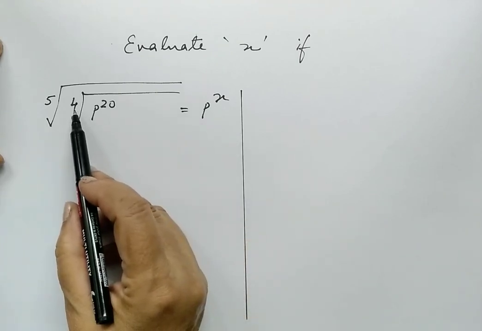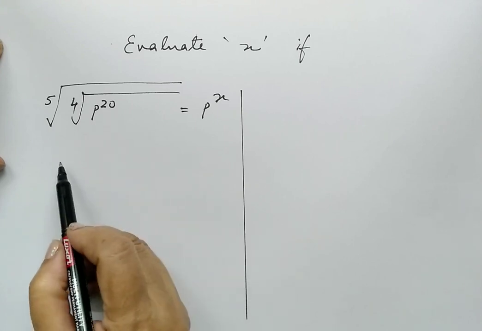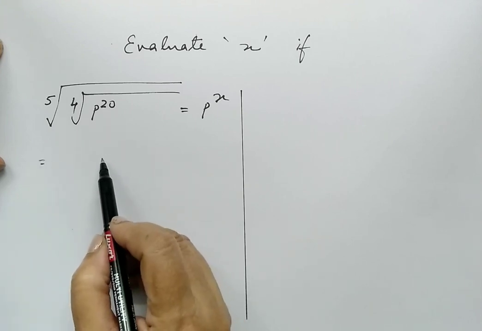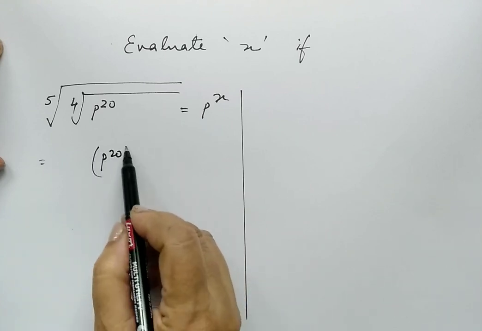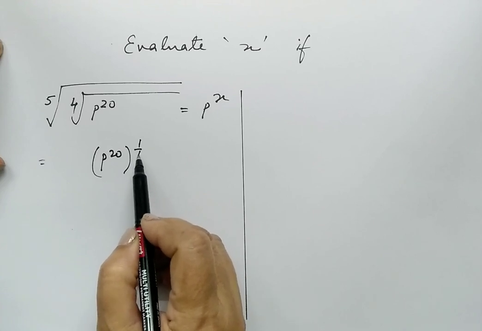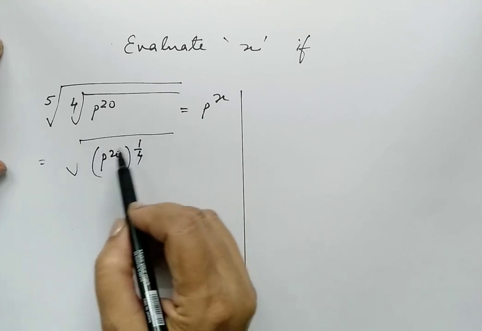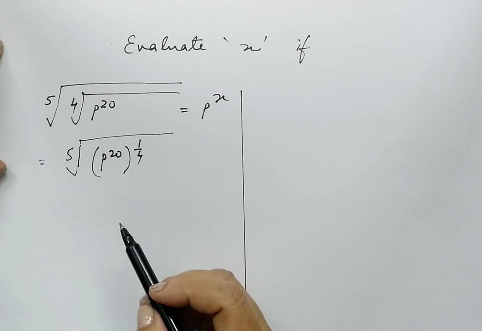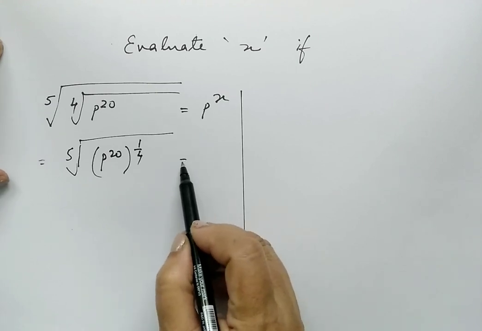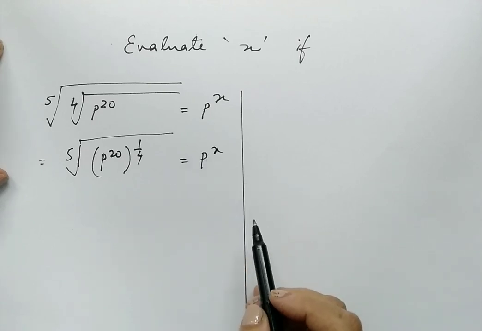So since we have 4 here, let us go like this: p to the power 20, and this is 1 upon 4, and over which we have the bigger root of 5. So here we will continue to write on the right hand side.